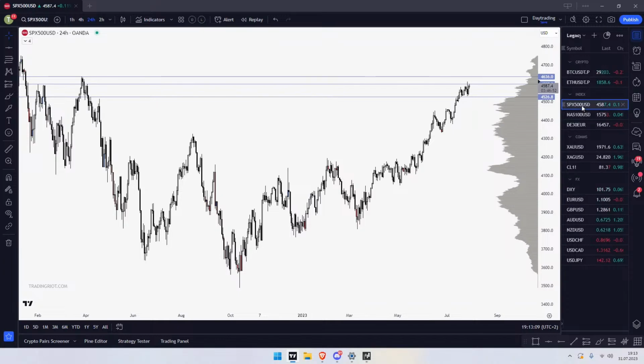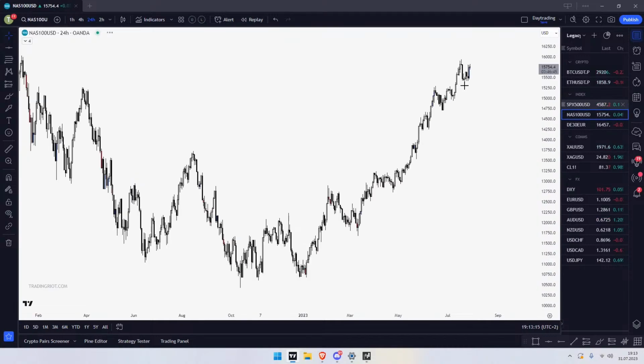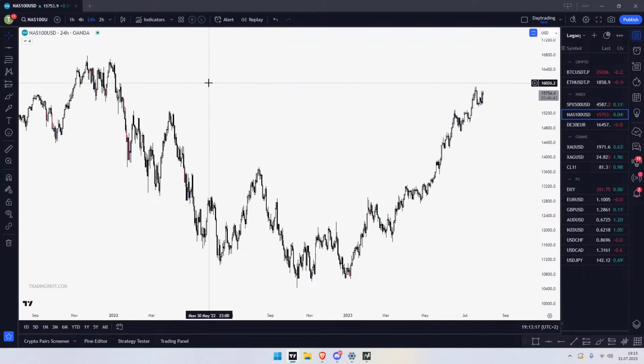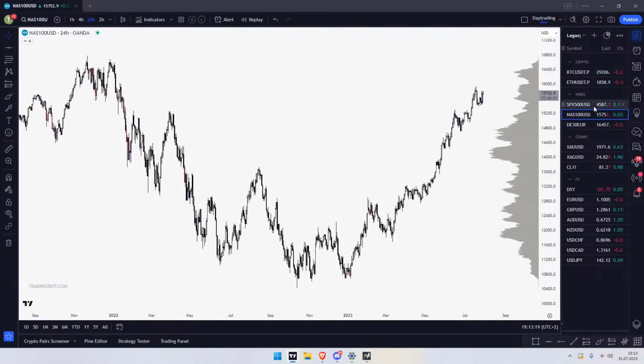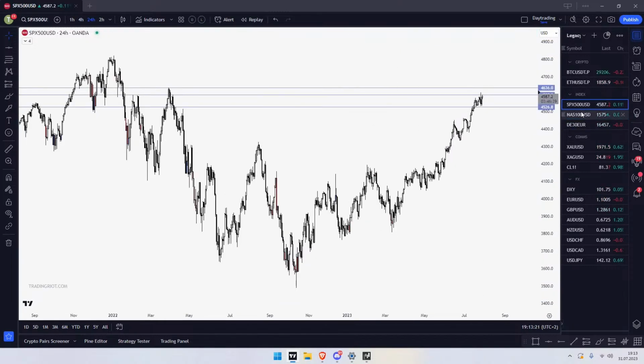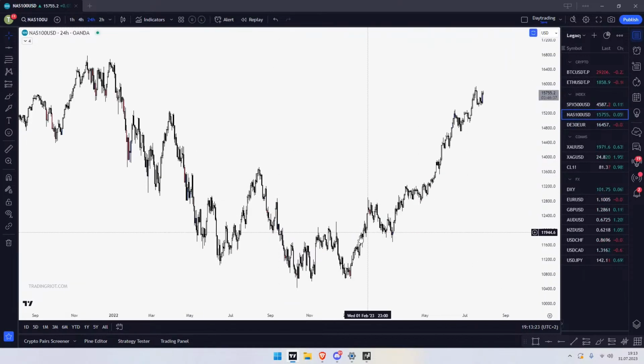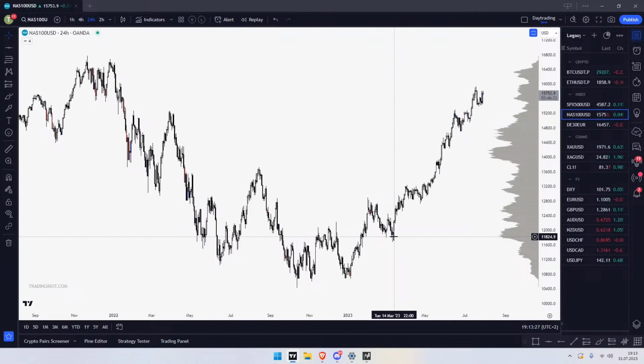If I'm not mistaken, these two companies have the biggest weight in the index. But hey, if you look at the S&P and the Nasdaq charts, oh my god, these are super overextended. Basically the last 3 months has been just up only.